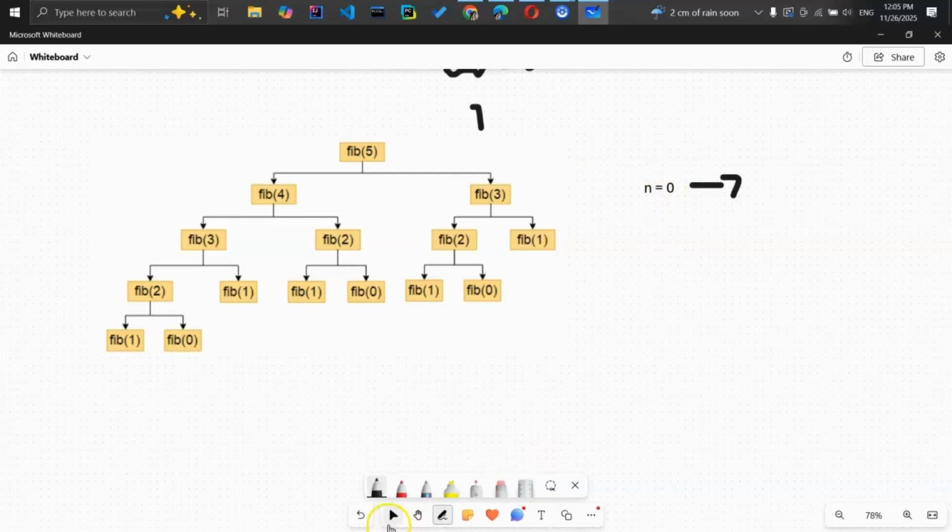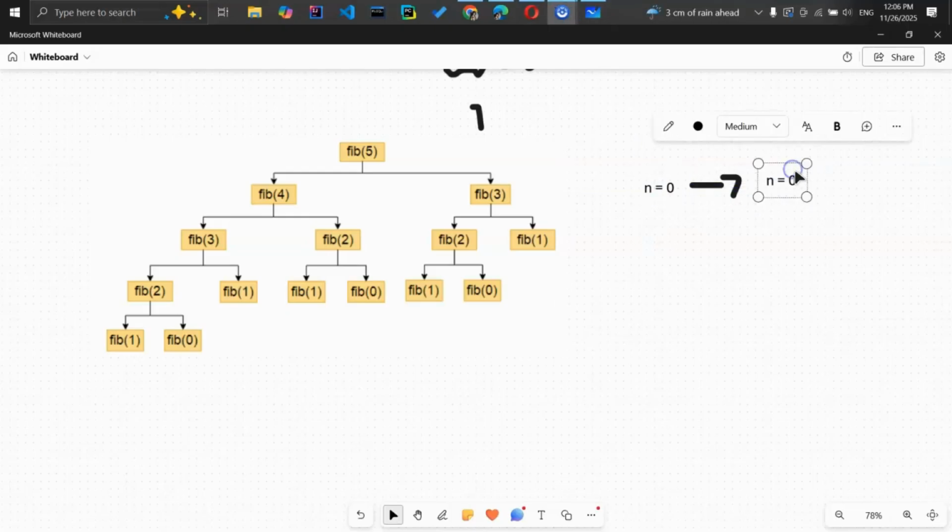The Fibonacci value fib(n) should be equal to 0, right?